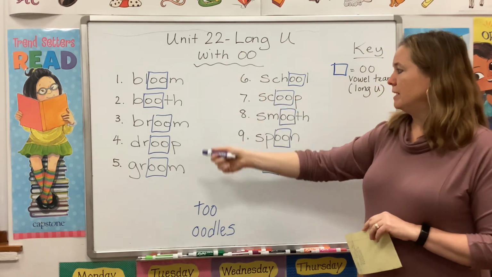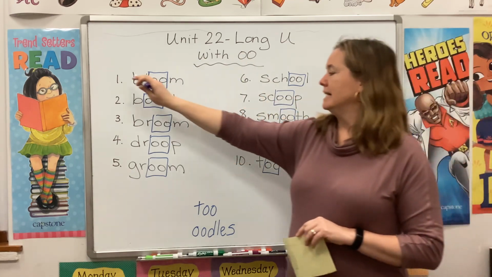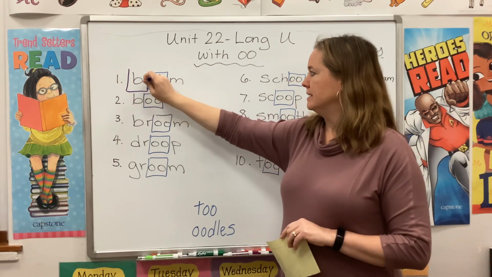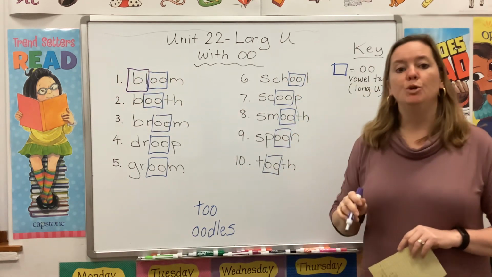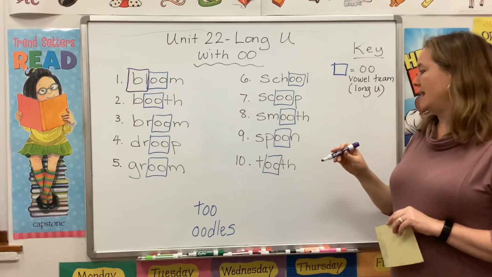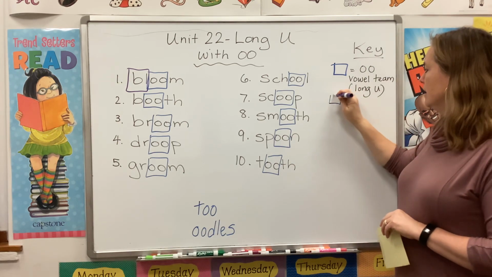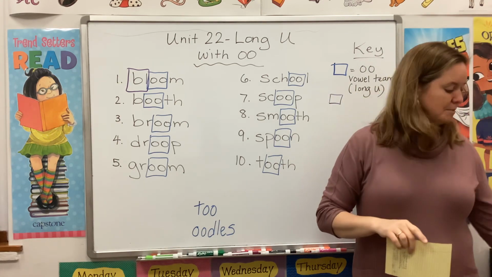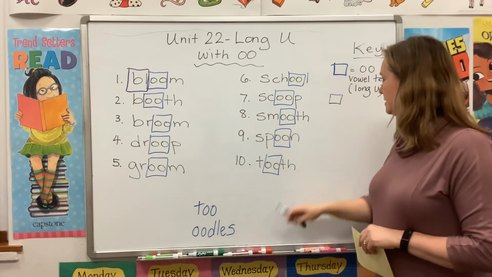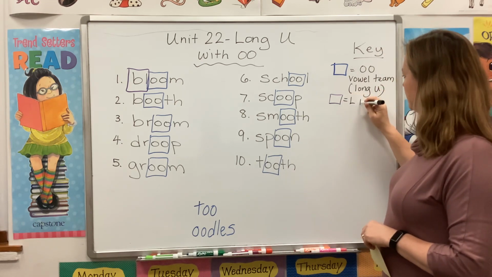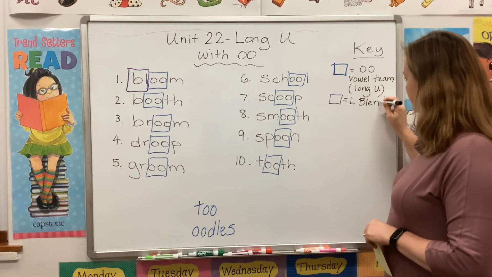So if we do a quick look here, I see an L blend right here in bloom. See how the B and the L blend together? So over here, I'm going to say purple box equals L blend.